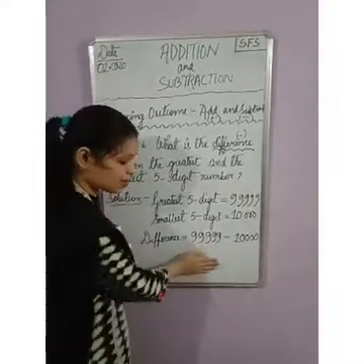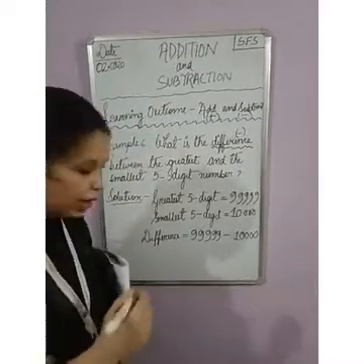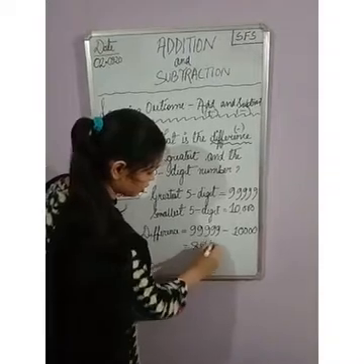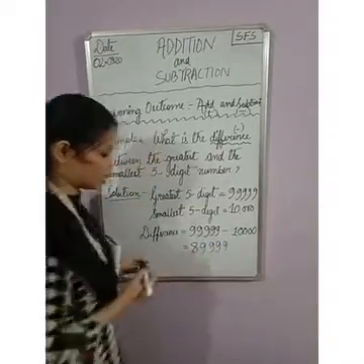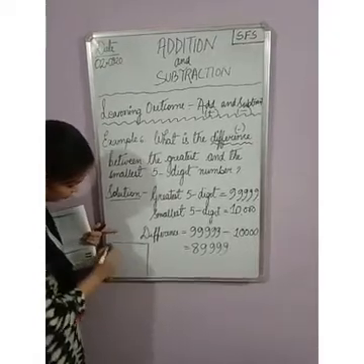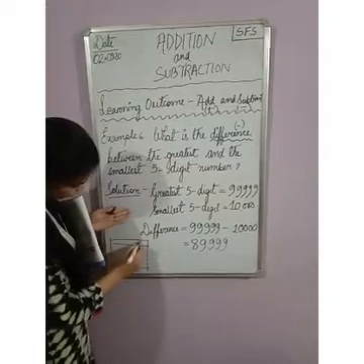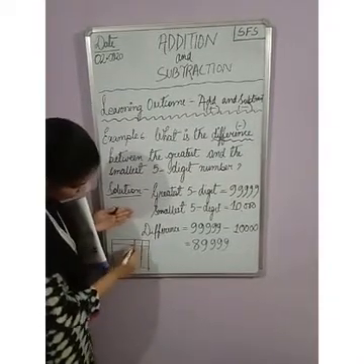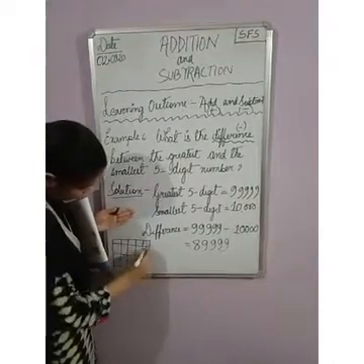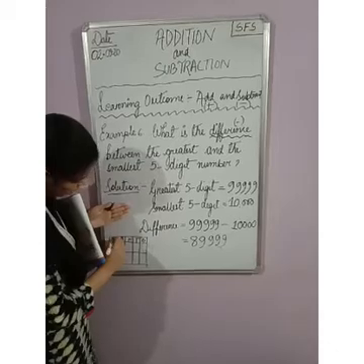So making the place value chart of this number, we can find out the answer in this way. The answer is 89,999. So how did we get the answer? I have made the place value chart: ones, tens, hundreds, thousands, ones, tens, hundreds, thousands.